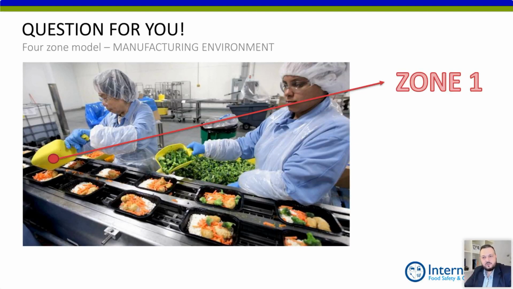Why? These tools are in direct contact with product, so they need to be sufficiently clean, and the hygiene needs to be perfect. But there are also places where you will look for potential pathogen microorganisms, where you will look for potential contamination with the food, pathogens that could lead to foodborne illness.